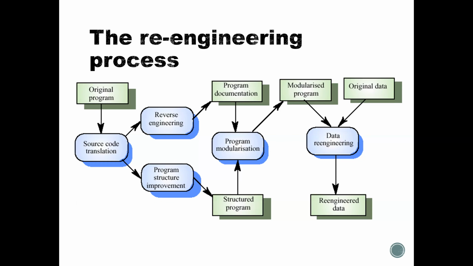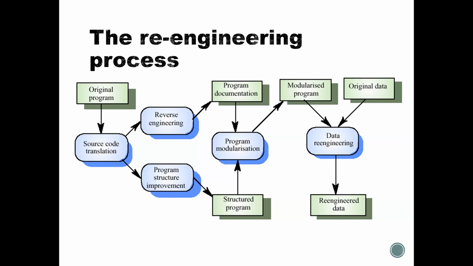The second step, from this source code translation, we go to reverse engineering, and we can also go to program structure improvement. If you go to reverse engineering, it means the program is analyzed and we can extract information from it, which is going to help the organization in documenting the functionality of that particular software.